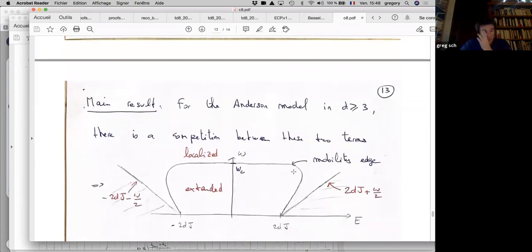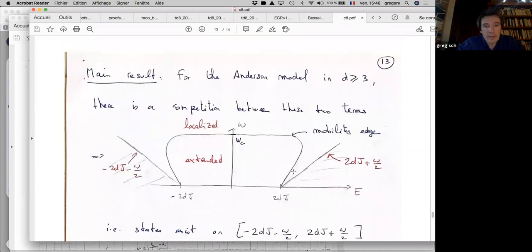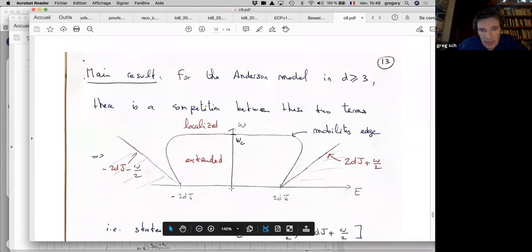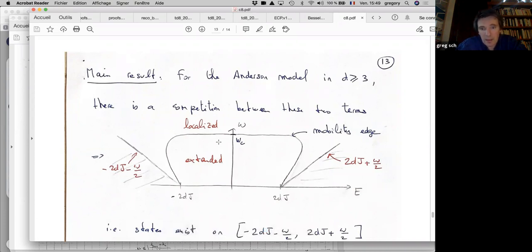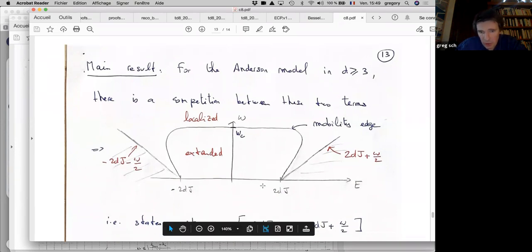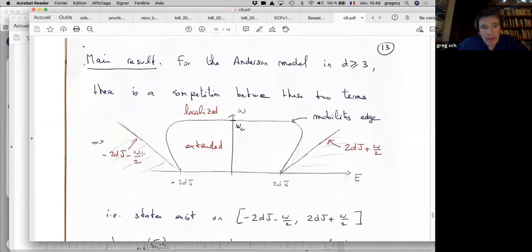Okay, so that's the phase diagram that I wrote here, in the omega (disorder), E plane. E is the energy of the states that I'm looking at, and I'm looking at the nature or the properties of the states as a function of omega and E. The first thing to notice, and this is something you can show by computing the density of states, is that you don't have any states in these regions here.